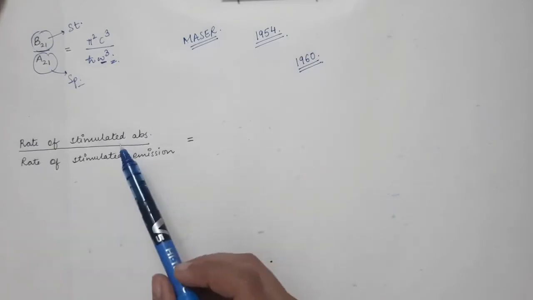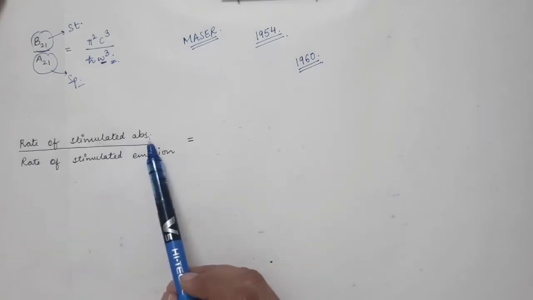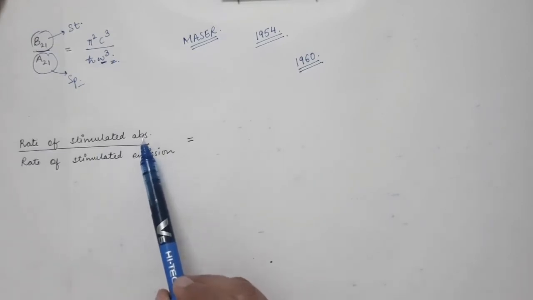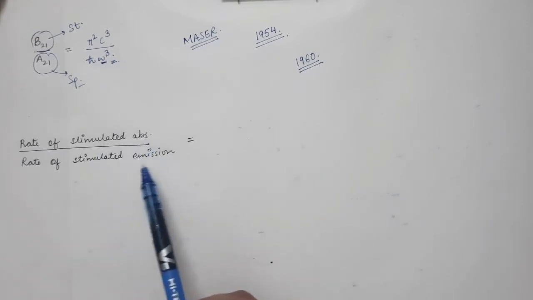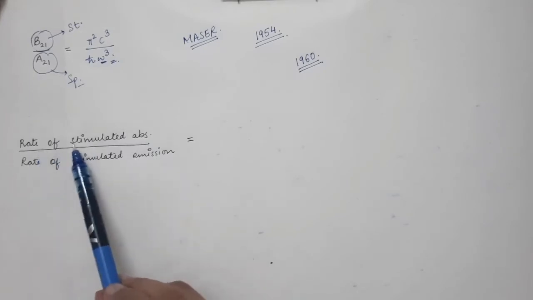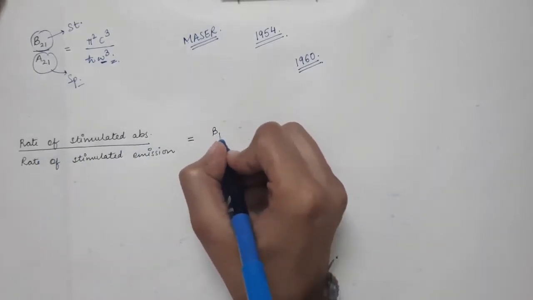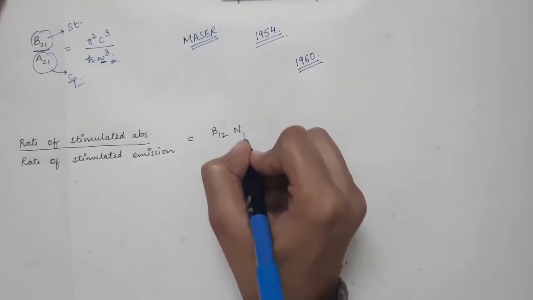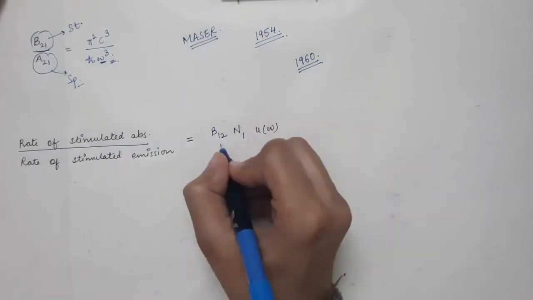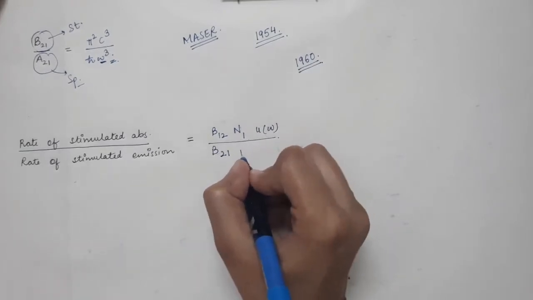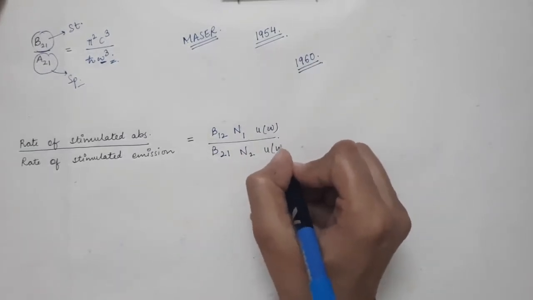Now we are going to see the ratio of stimulated absorption to that of stimulated emission. What is the rate of stimulated absorption? It is equal to B12 N1 into U of omega, divided by B21 N2 into U of omega.